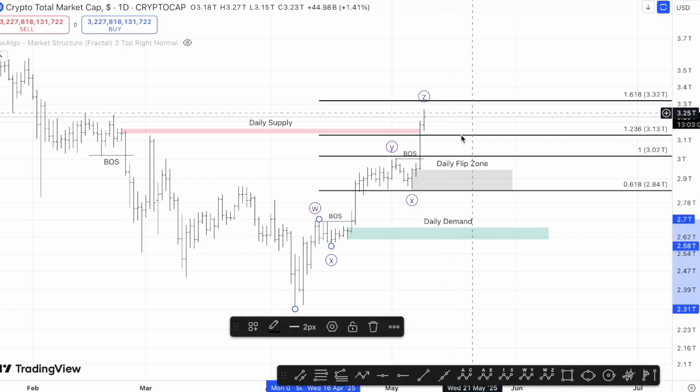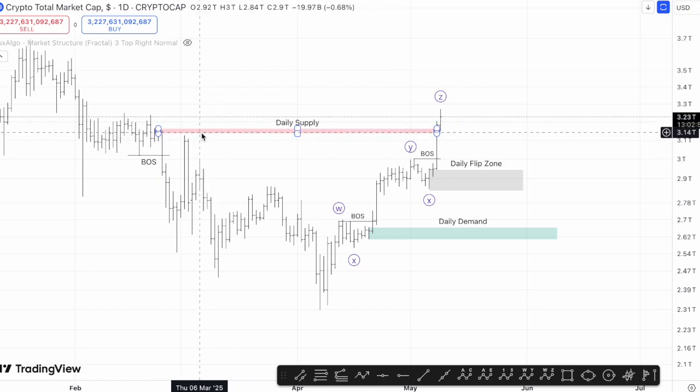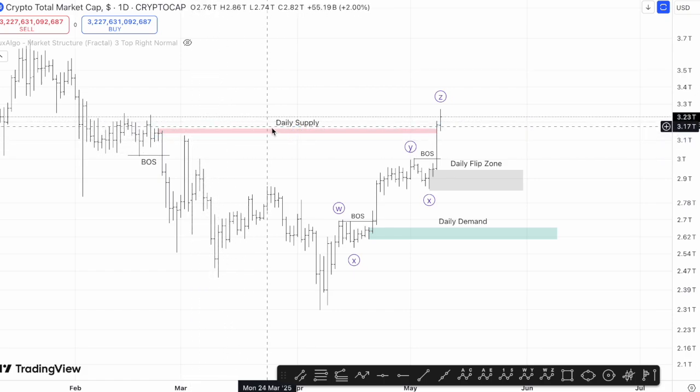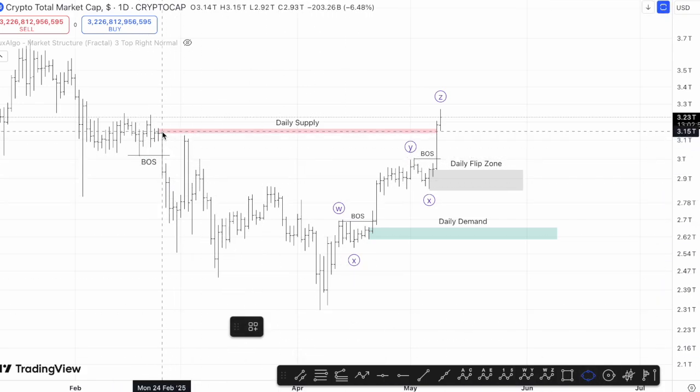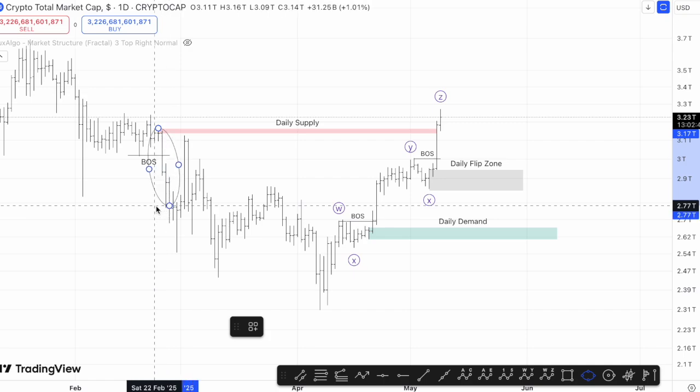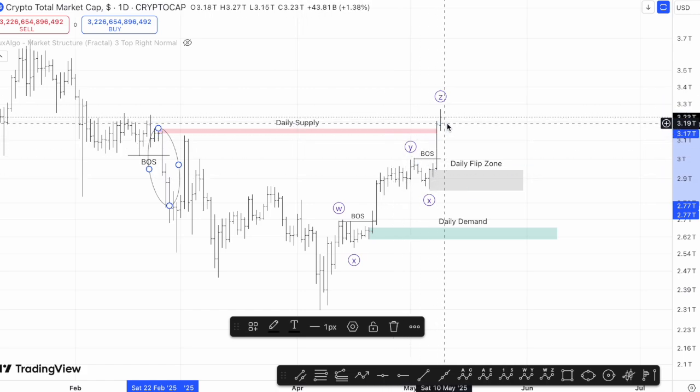So that's that. Now, based on the price action analysis, right here we had a daily supply because of this breakup structure and because of this inefficient move down here. So this supply zone was quite important for us, but we have broken through this with a couple of decently powerful candles.